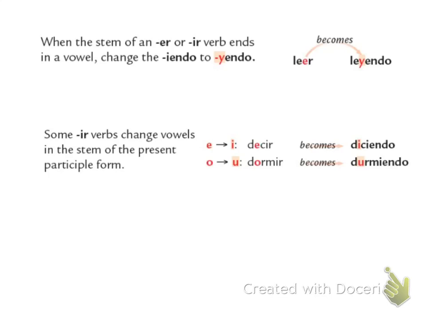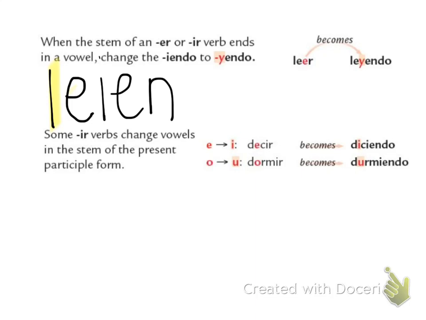And the last thing that we need to talk about, of course, do they always follow the rules? No. Look at leer. If leer was normal, you would chop off the ER and add endo. This is 3 vowels in a row. That does not work very well. And I has a very good friend that likes to camouflage itself as a consonant when it's needed or a vowel when it's needed.